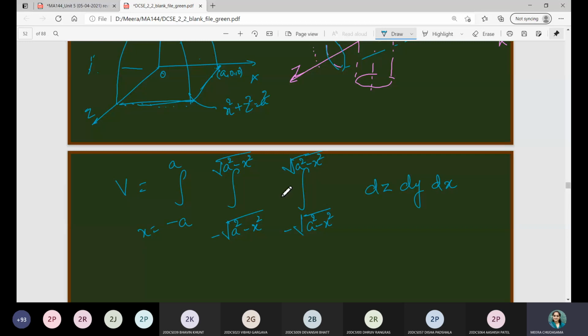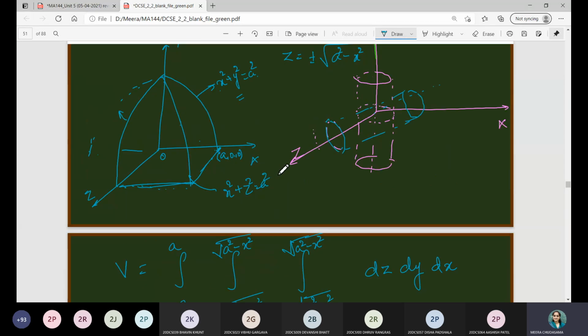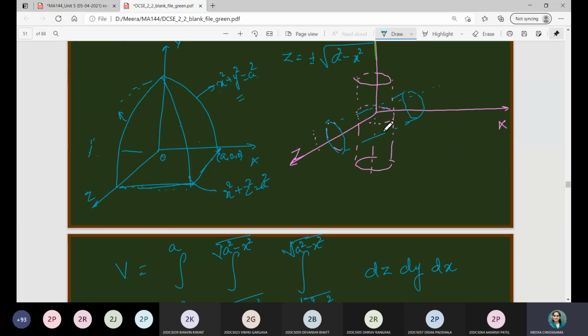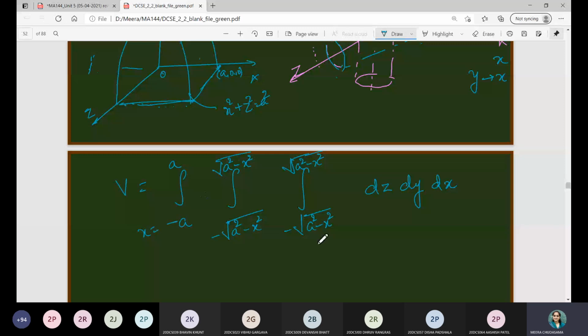When we consider the sphere, the z variable depends entirely on the other two variables x and y, whereas since we are given the equation of the cylinder only in terms of the x and z axes, the z variable will depend only on the x variable. Similarly, the other cylinder is in the direction of the xy plane, therefore the y variable limit will also depend on the x limit only, which is the same limit because both are cylinders of the same radius. So how the limits came, is this point clear to everyone?